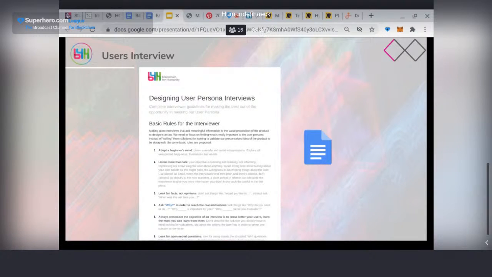On designing user interviews, okay? This is super important if you are designing something for someone who is not in your team, and you think that they belong to your user persona, to your targeted customer. I really encourage you guys to make interviews with those people.